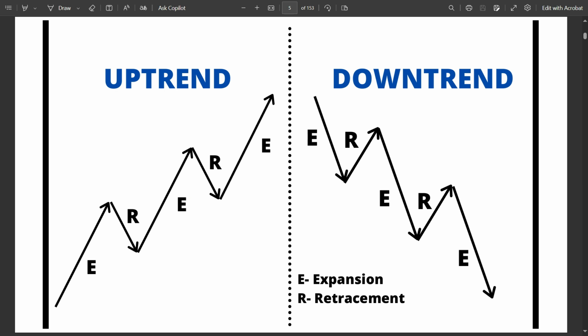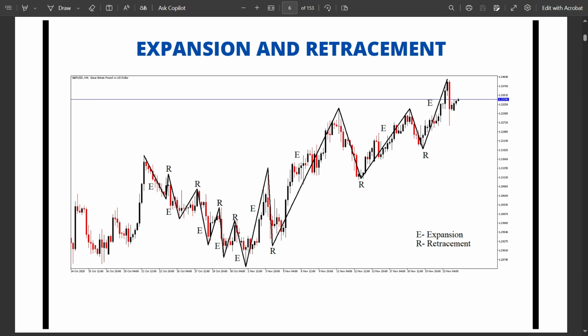There are examples. An uptrend is on the left, and the downtrend is on the right. The letter E stands for expansion or movement, and R represents retracement or correction. Here, an example from the chart shows an expansion, followed by a retracement. After the downward move, we expected a retracement, but instead, a stronger expansion than the previous one occurred, which we refer to as a break in market structure.